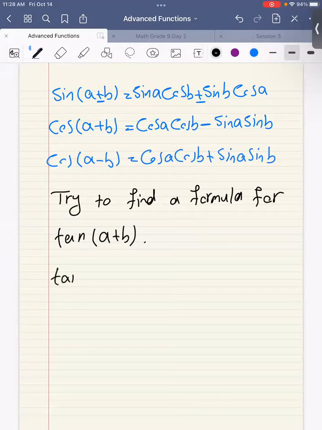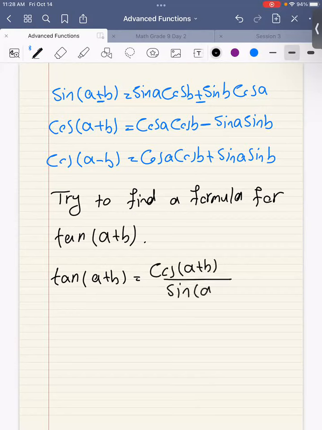So what is the definition of tangent? Tangent is just cosine divided by sine, right? Now you have to use the above identities. What is the cosine of A plus B? Cosine of A plus B is cosine A cosine B minus sine A sine B, right?